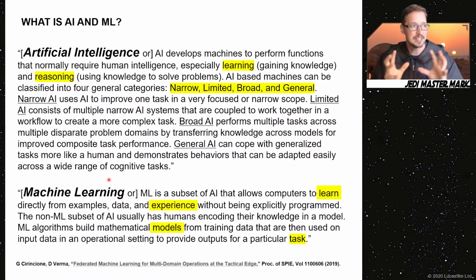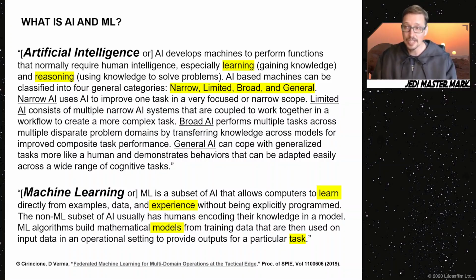Expert systems was a popular term in the past that described humans trying to embed their knowledge within almost a decision tree of how they go about solving a task.